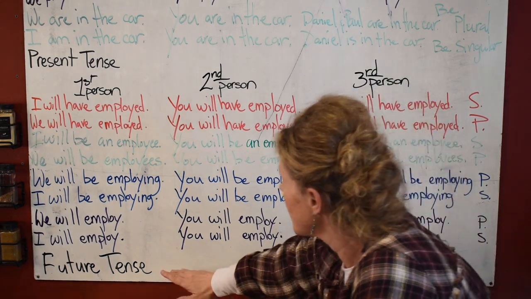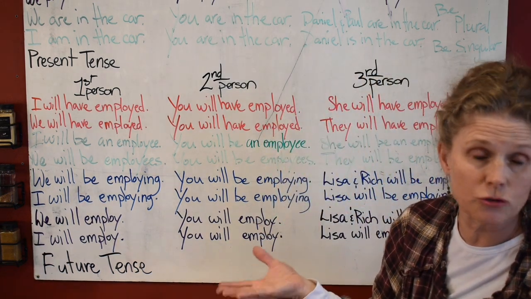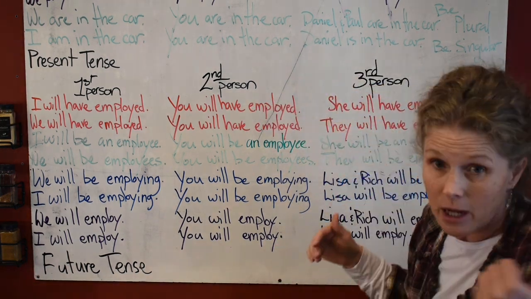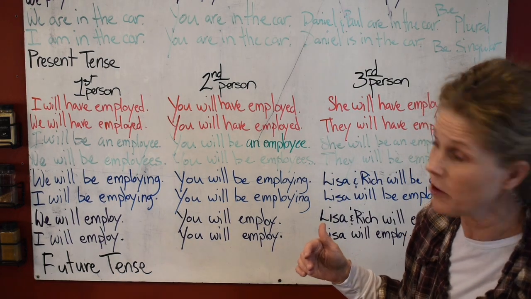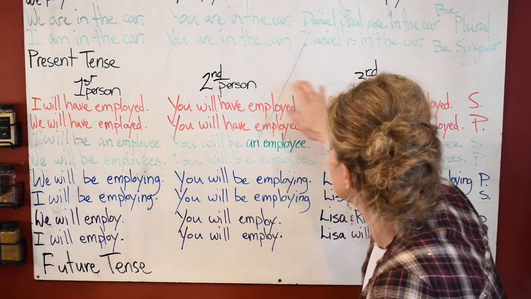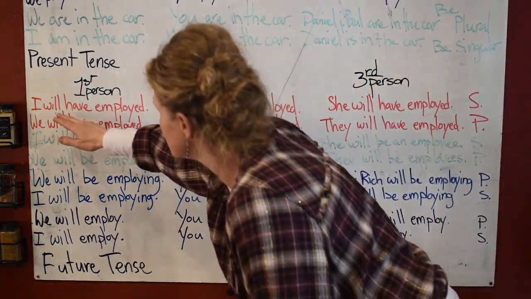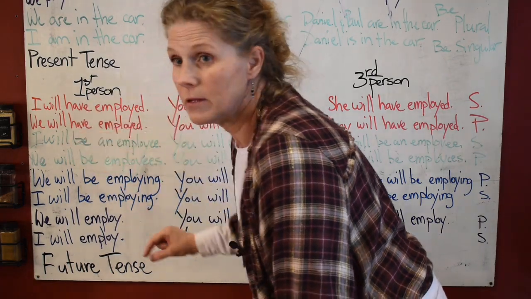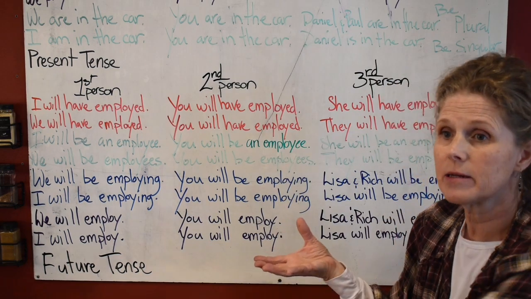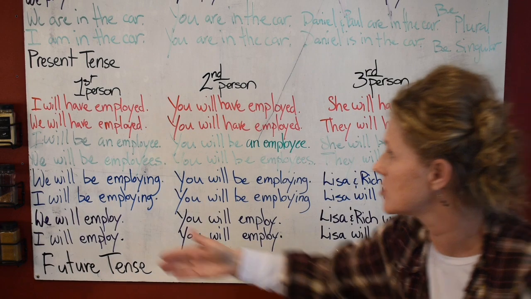And future tense is really easy. You just need to know which words to use when you are in a simple, progressive, or the perfect tense. You just need to know which verbs to use in there. So in the perfect tense, you need to use will have. No matter what, your future tense takes the simple part of it and then adds the word will.